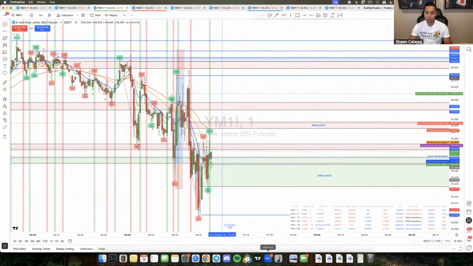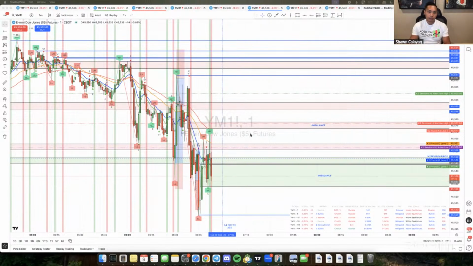So you just got to stick to your trading plan, right? For the most part, if you understand market structure, you'll know exactly which strategy to apply.